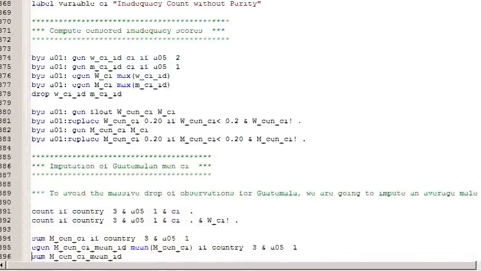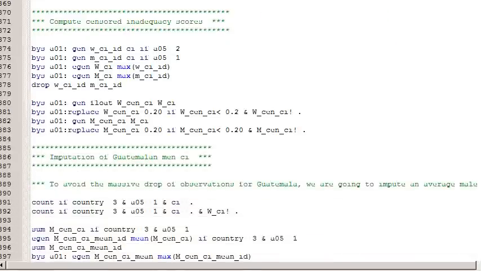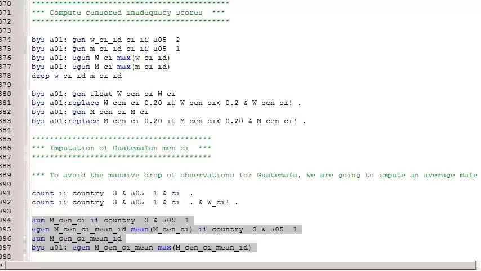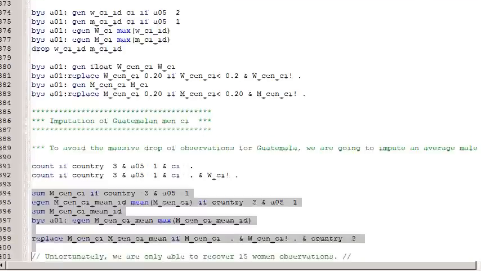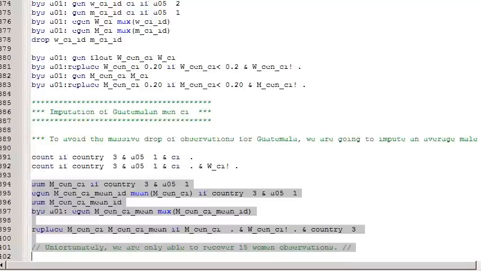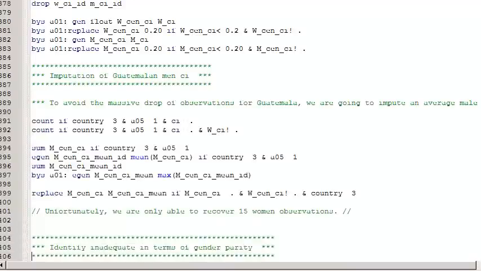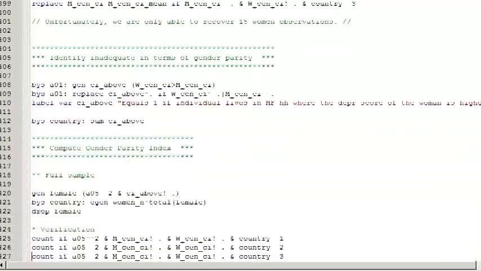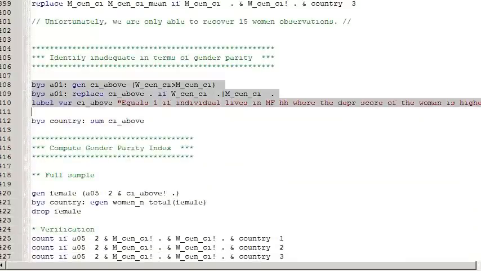For the case of Guatemala, where there was a massive number of missing observations, to avoid the drop of observations, we imputed the average male inadequacy count to the missing values. Unfortunately, this only allowed us to recover 15 women observations. Then we create a variable that identifies the households where there is no gender parity.